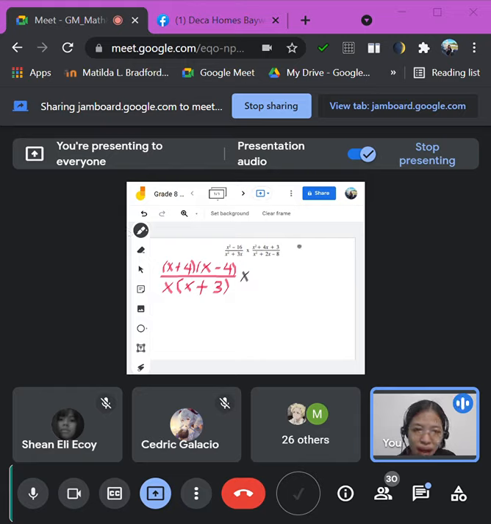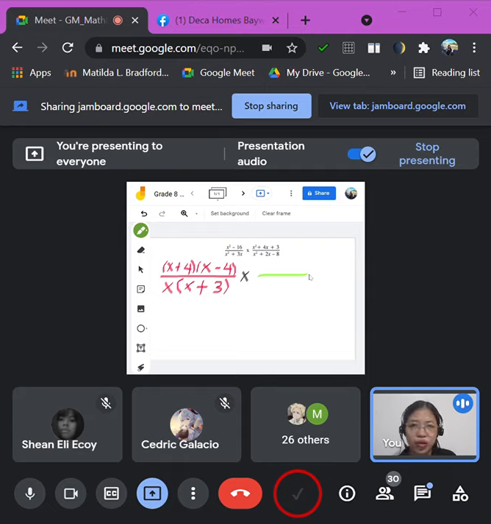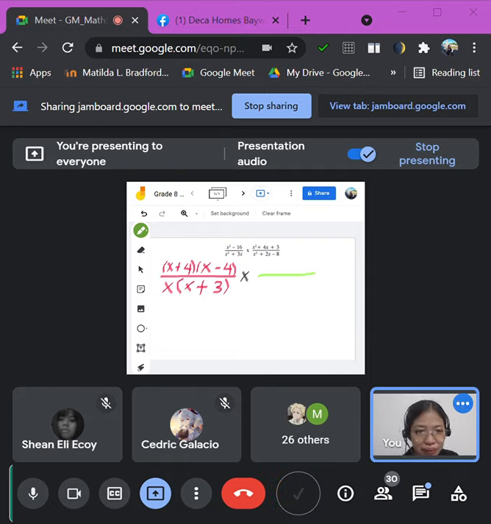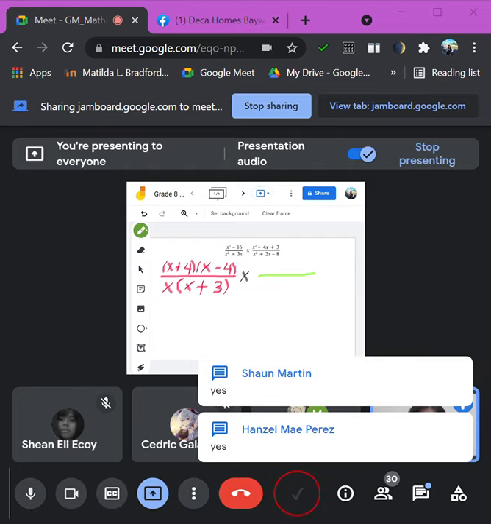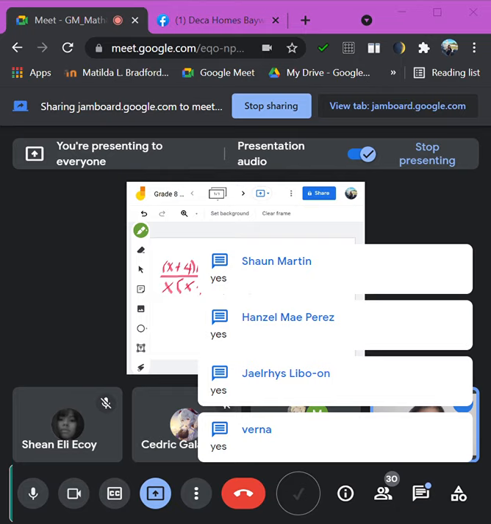So, you have there x squared plus 4x plus 3 over x squared plus 2x minus 8. So, ato sang tan-awon, class, ma-factor ba nato ang numerator? Yes or no? Okay, the answer is yes.